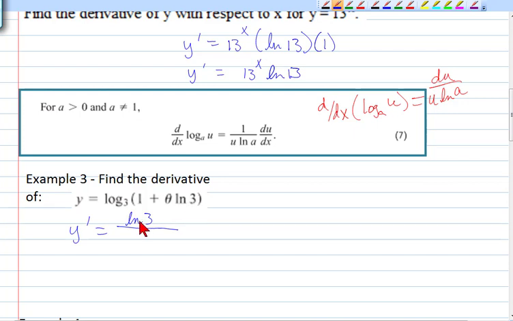So the derivative is that constant, divided by this argument, 1 plus theta natural log 3, times the natural log of the base. That's ln 3. So when we clean this up, this ln 3 came from the base of 3 right here. And when we clean this up, we see that the derivative is equal to 1 over 1 plus theta ln 3.